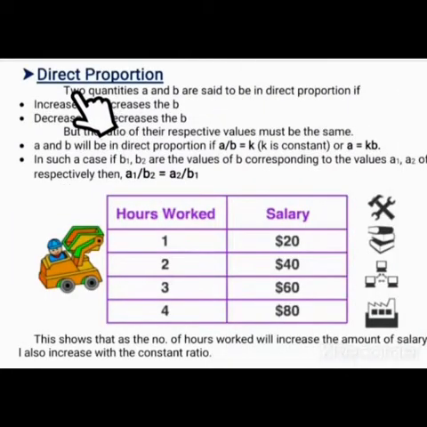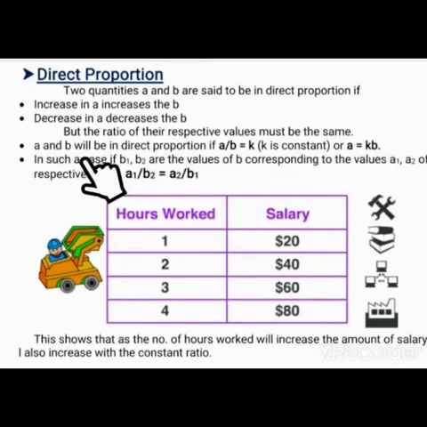So, first of all, direct proportion. Two quantities A and B are said to be in direct proportion if an increase in A causes an increase in B, and a decrease in A causes a decrease in B, but the ratio of their respective values must be the same.